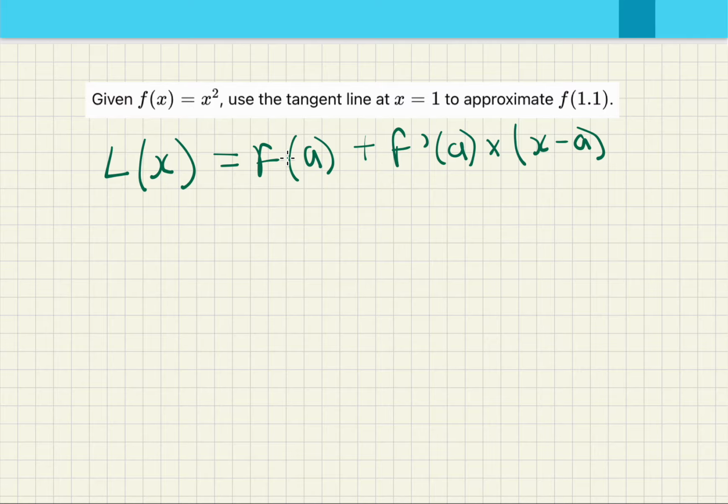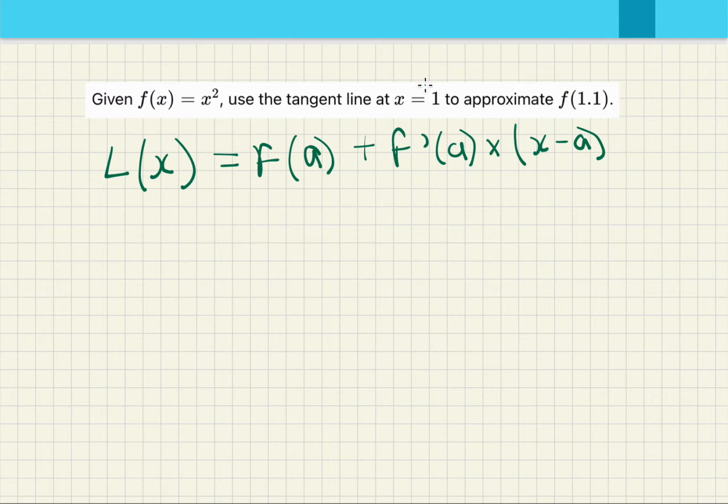In this formula, x is just x, the function f is given to us, f of x, and a is always the constant given to us. In this case, the constant given to us is 1. What a actually is, is the value of x at the tangent line.